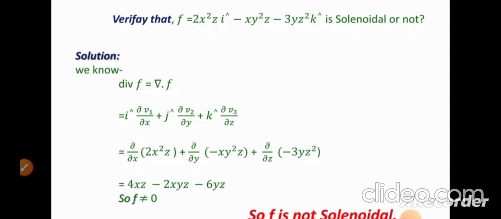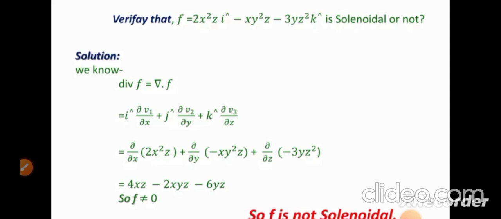V1 is nothing but the i vector coefficient, 2x squared z, plus dou by dou y into V2. V2 value is nothing but minus x y squared z, the j vector coefficient, plus dou by dou z into V3. V3 is nothing but minus 3y z square, the k vector coefficient.